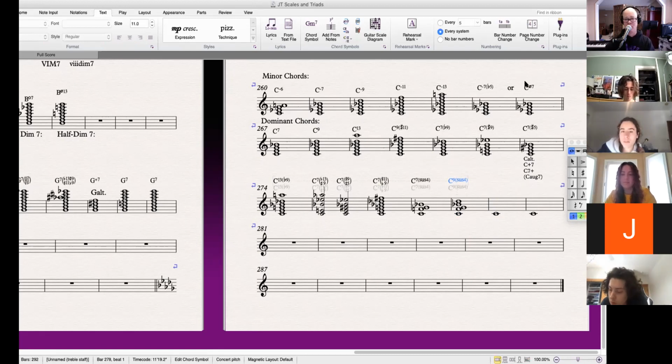So the C, I remember we said that the C half diminished 7 belongs to the minor quality family because of the minor 3rd and the minor 7th, but it also belongs to, it's like a stepchild here. It belongs to both families.